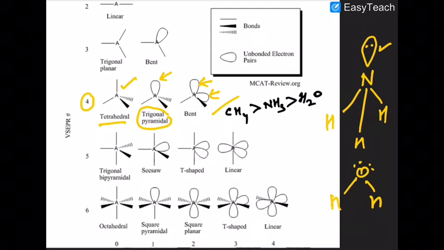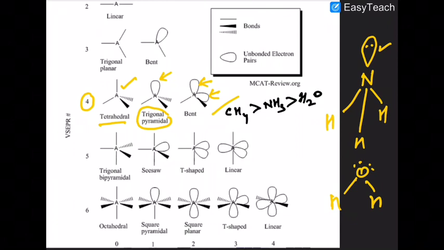The more lone pairs on the central atom, the lesser the bond angle becomes in tetrahedral geometry. So pyramidal and bent shape are two kinds of distortion in tetrahedral geometry.